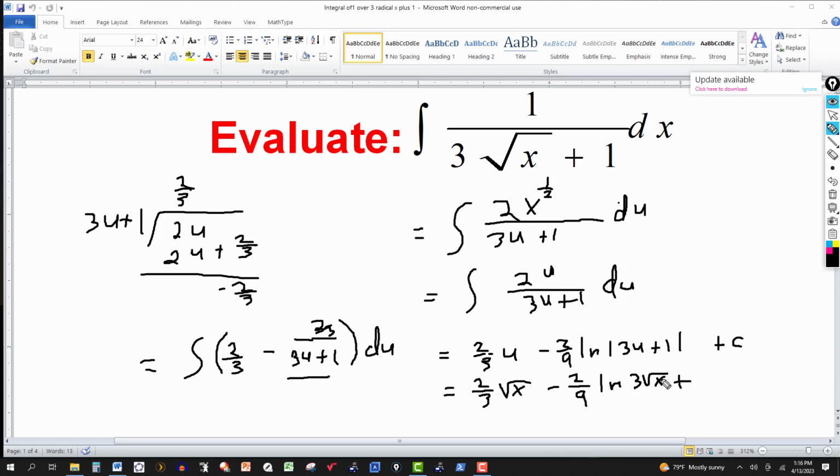And of course this is a positive square root here and a positive 3 in front and a positive 1 added. So I don't really need the absolute values here. So I just put parentheses, plus c. So 2/3 square root of x minus 2/9 ln of 3 radical x plus 1, plus your constant of integration.